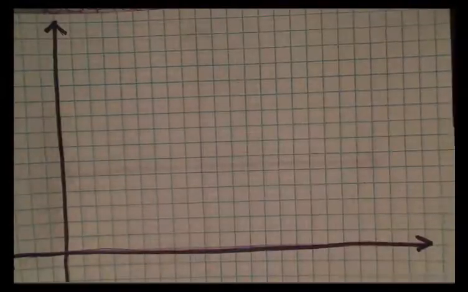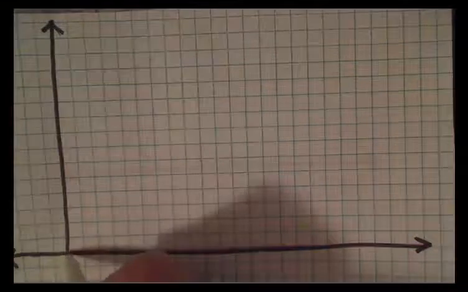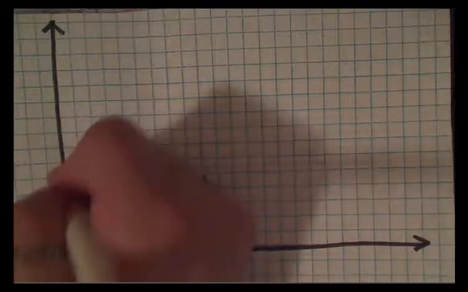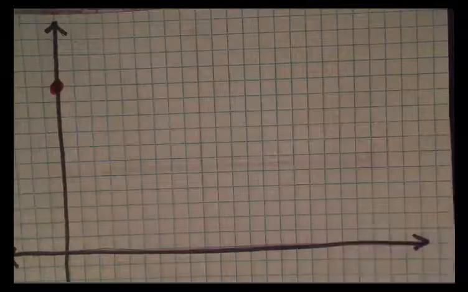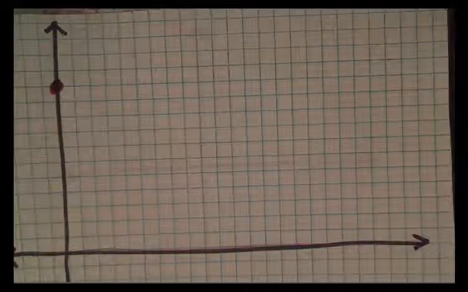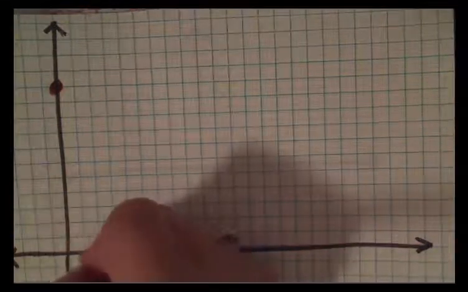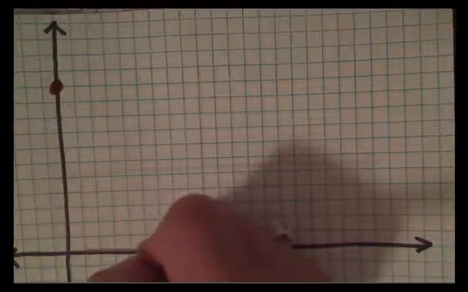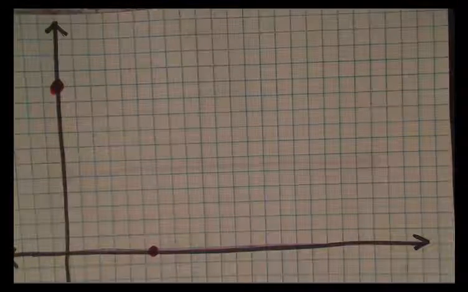That means I don't go left or right, I go up 11. 1, 2, 3, 4, 5, 8, 11. My other point was 11 over 2, which is 5.5, comma 0. So 1, 2, 3, 4, 5.5. Right there. And then I need to connect those two points.